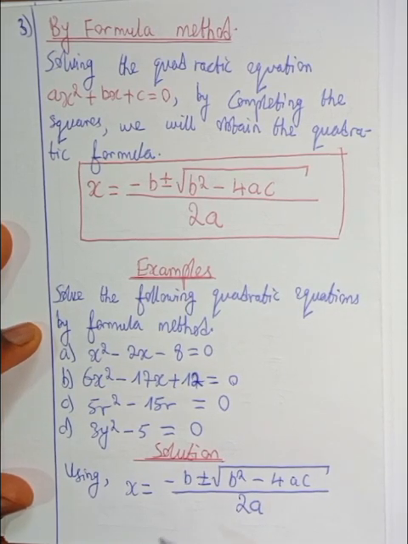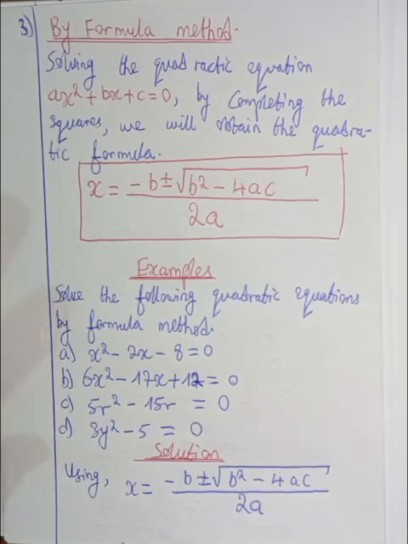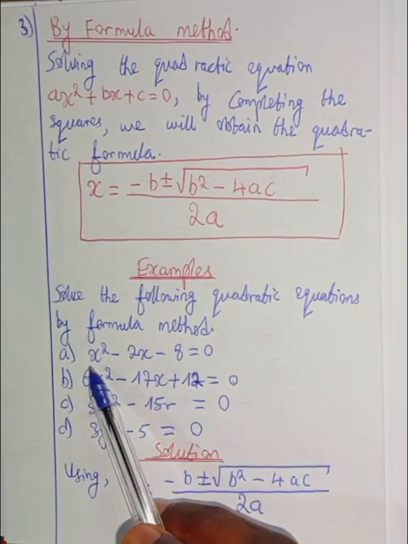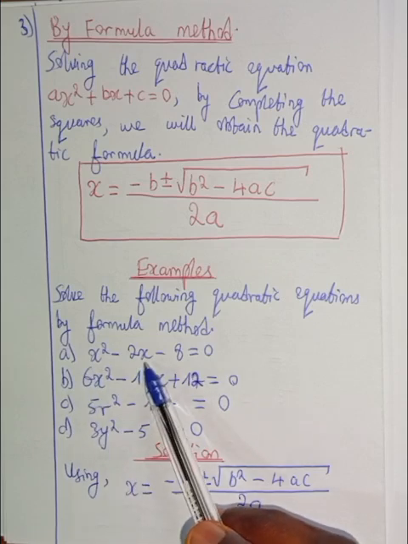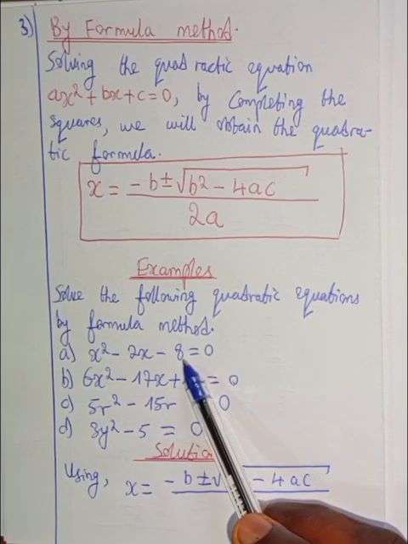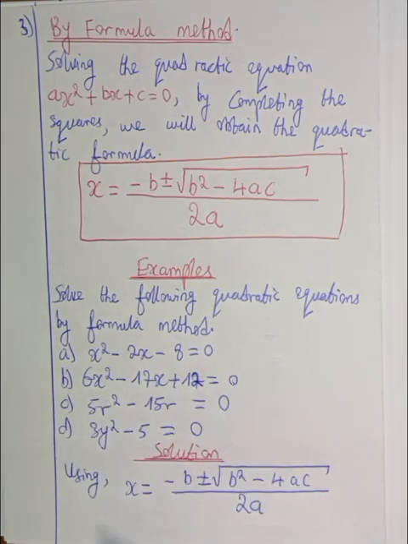So now the only thing we need to do is we just need to identify the coefficients. That is the coefficient of x squared, the coefficient of x, and the constant term, that is our a, b, and c, and we are going to replace them in this our formula.